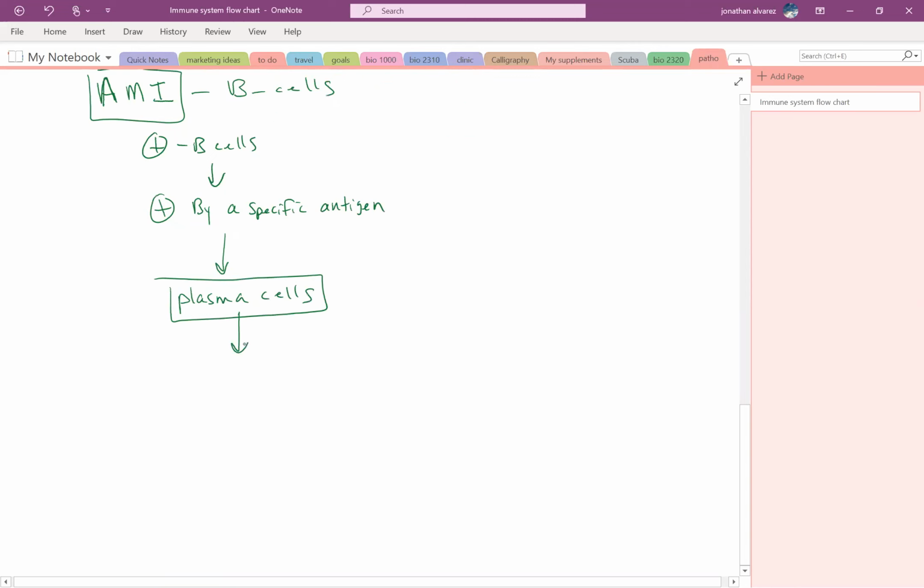And it's the plasma cells that release the protein called the antibody.